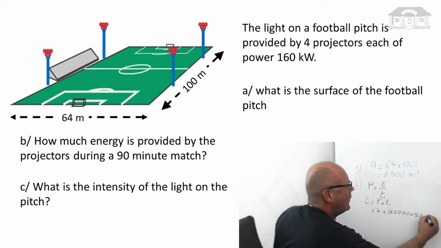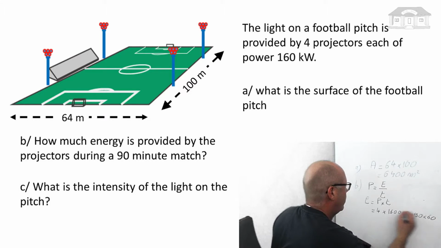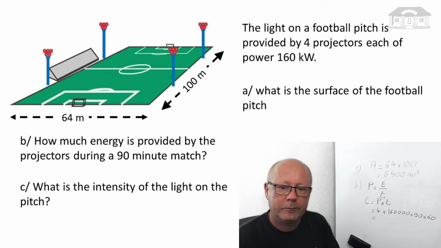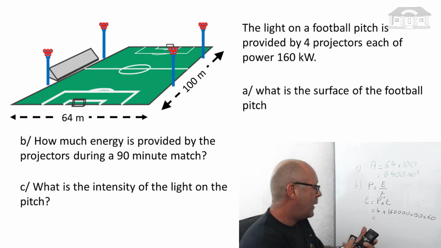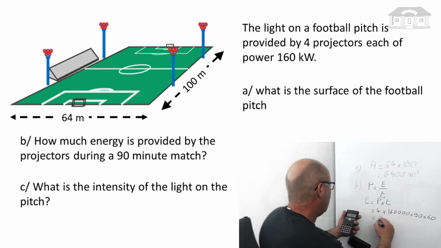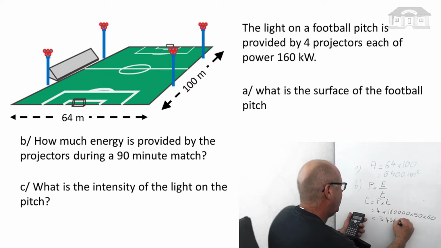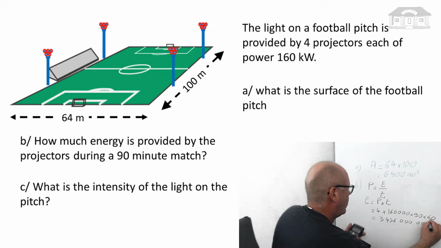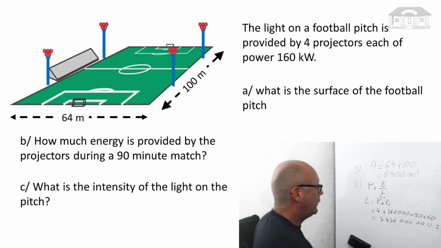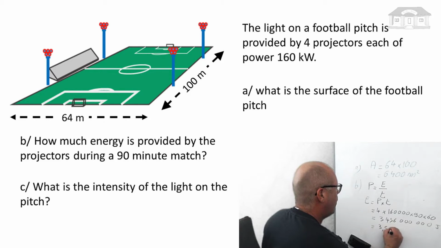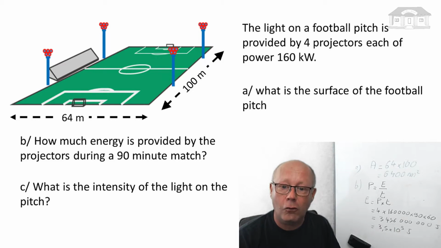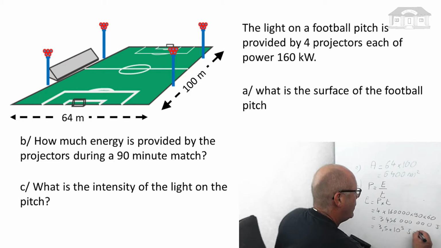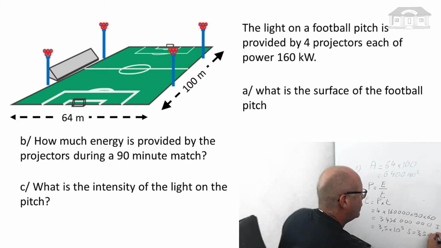So 90 minutes by 60 seconds in a minute. If you calculate 4 by 160,000 by 90 by 60, I find 3,456,000,000 joules. So this is 3.5 by 10 to the 9 joules. 10 to the 9 is gigajoules, so you can write 3.5 gigajoules.